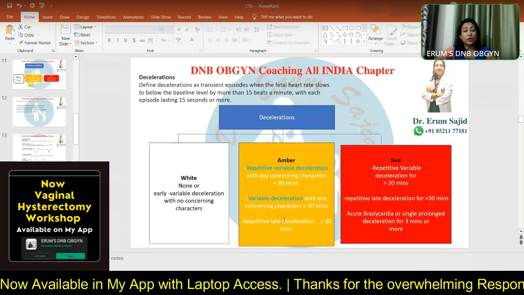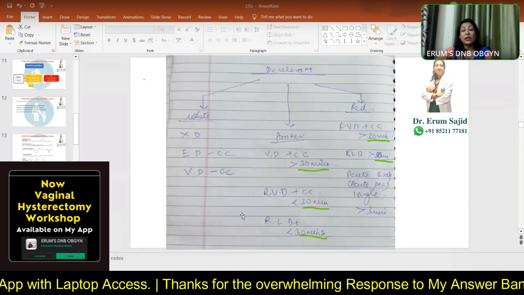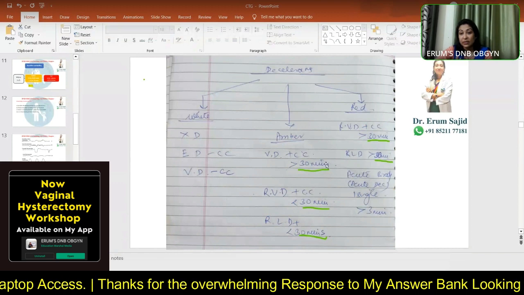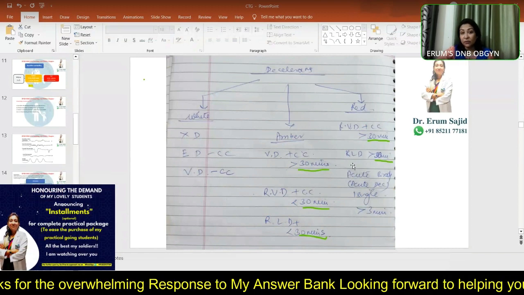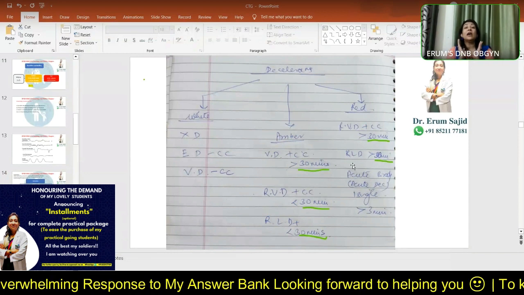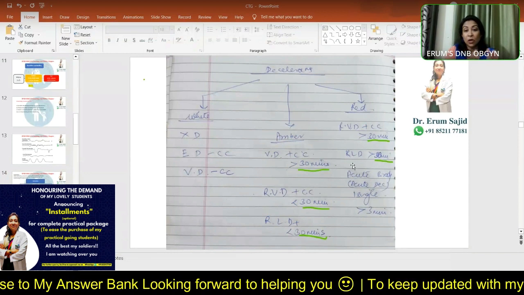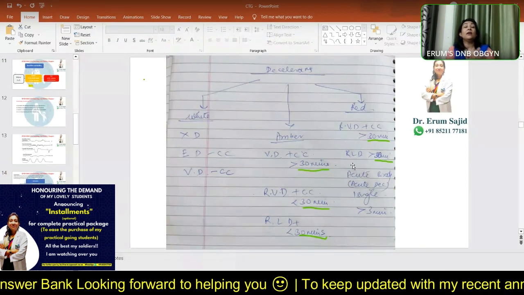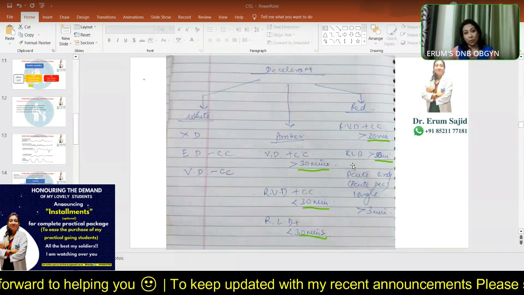So just remember this: repetitive late decelerations less than 30 minutes belong to the amber category, and more than 30 minutes belong to the red category. Concerning characteristics are not a part of it. Keep this in your mind.